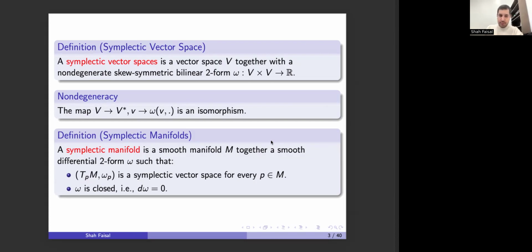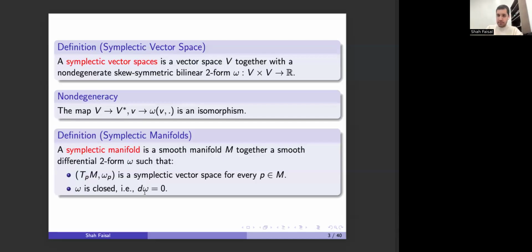If you take a closed manifold, then there is the question whether it admits a symplectic structure or not. So it's not always the case. For example, if you take a symplectic manifold, then since omega is closed, by Stokes theorem it can't be exact.